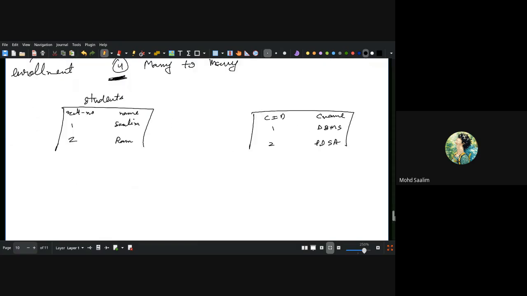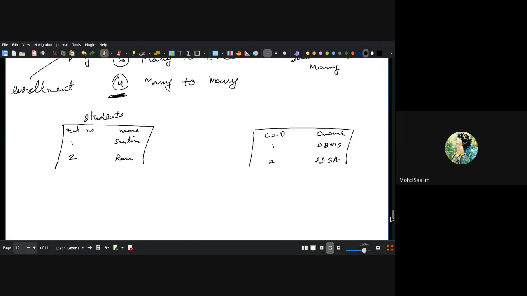Let's say Salim took both DBMS and PDSA. So I need one more table that will store roll number and CID both, right? If I am showing the relationship that Salim is associated with DBMS and PDSA, then it will be something like this: 1 comma 1 and 1 comma 2.